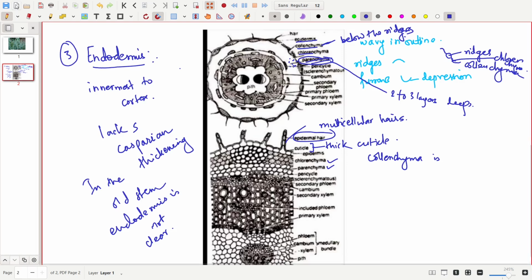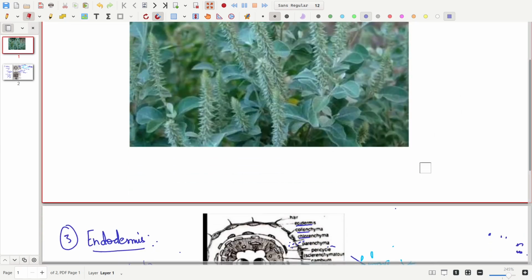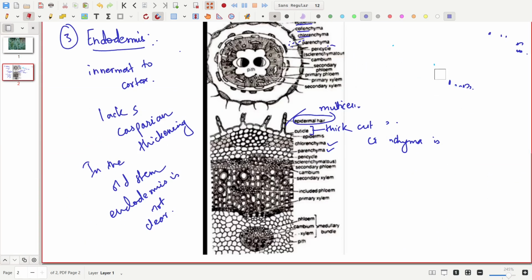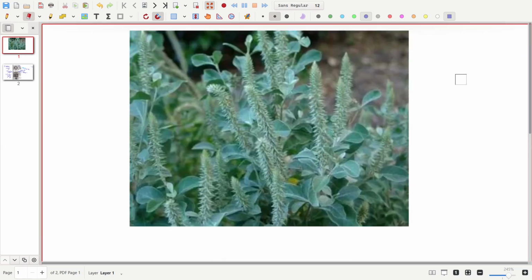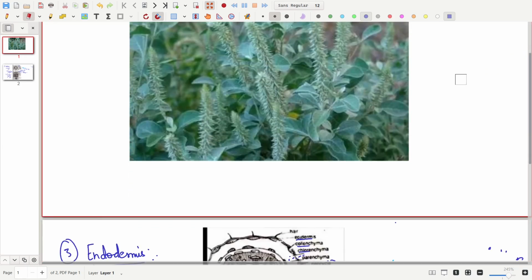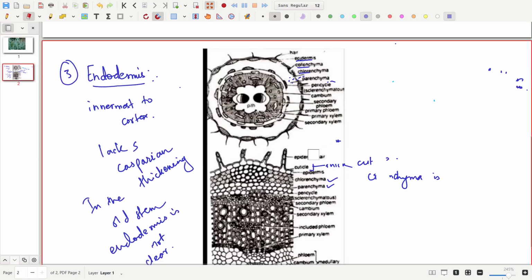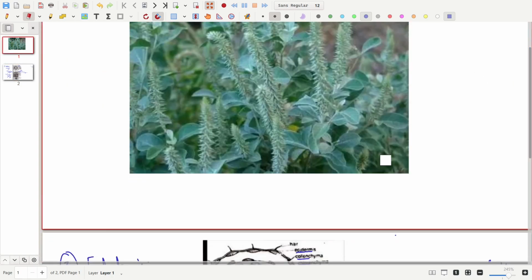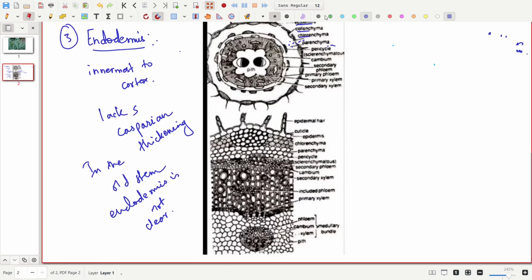Okay, now let's move to the fourth one, that is the pericycle, which is just innermost to the endodermis.